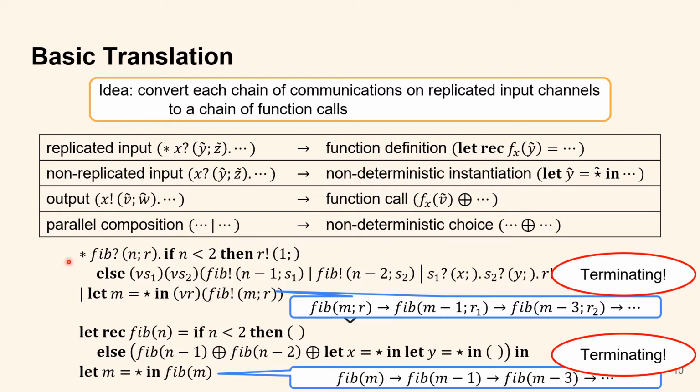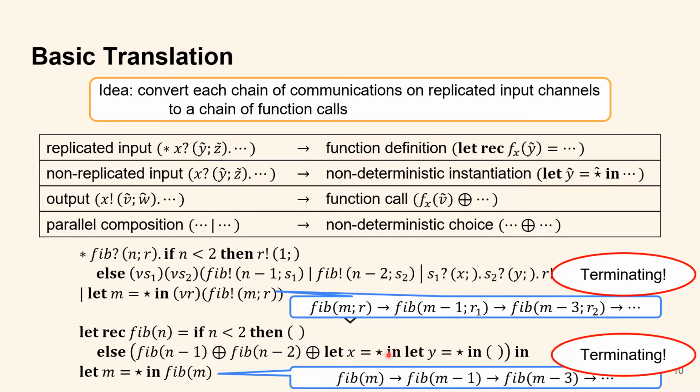Now, let's consider why the termination of the process follows from that of the sequential program. The Fibonacci process has a chain of communications on the channel Fib like this. By the basic transformation, the sequential program has a corresponding chain of function calls like this.